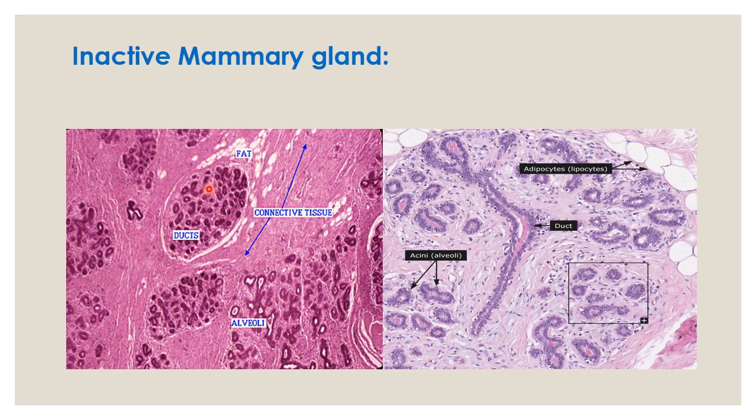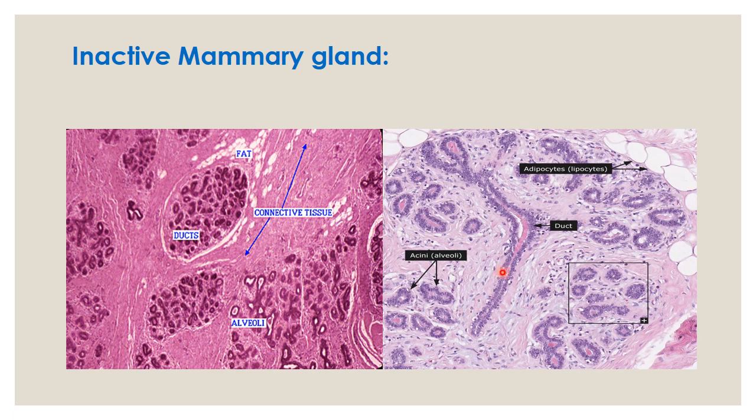So in the inactive state, there is a small amount of alveoli, and the lumen is barely visible. They are surrounded by the interlobar connective tissue and the intralobar connective tissue. Now, this connective tissue stroma surrounding the alveoli is fibromuscular stroma, and it contains a variable amount of adipocytes. You can see the adipocytes clearly here.